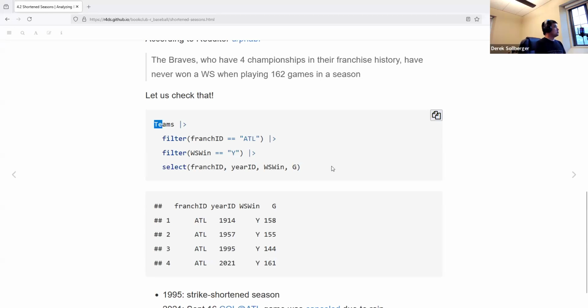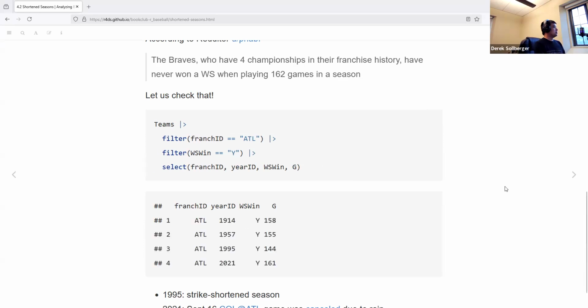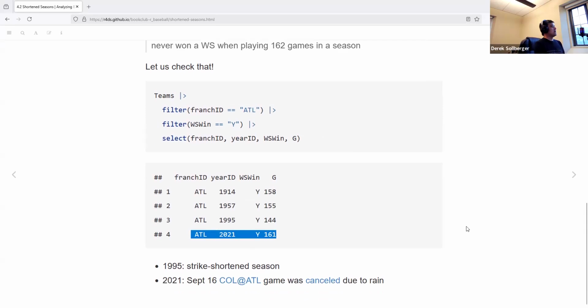But to emphasize, we could use our R programming skills, the teams data frame, some dplyr verbs to look for the Atlanta Braves and the World Series winners and see that the claim at the top of the screen was indeed true. And to finish off that story, in 2021 in particular, there was a game that was rained out. They decided not to make up that game versus Colorado because it had no playoff implications.